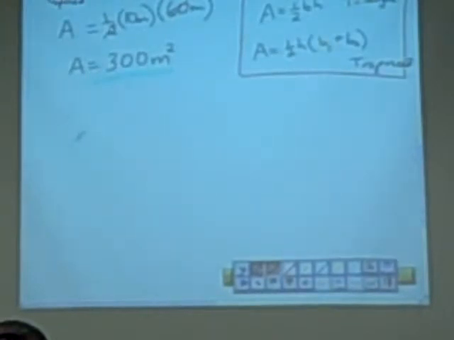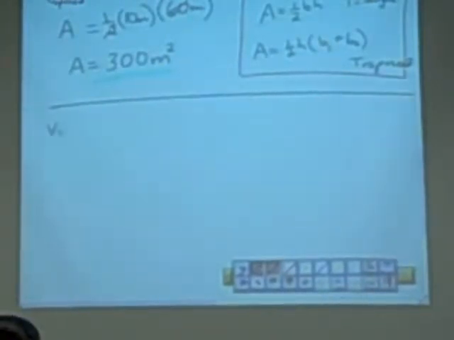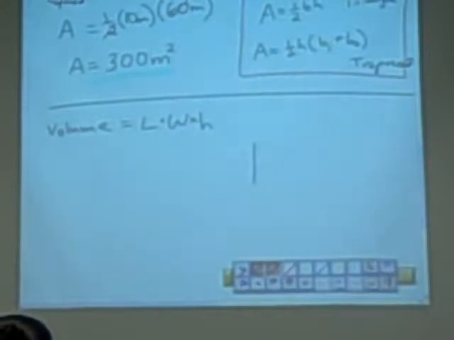Now, the volume of a rectangular solid is equal to length times width times height. So here's our rectangular solid.